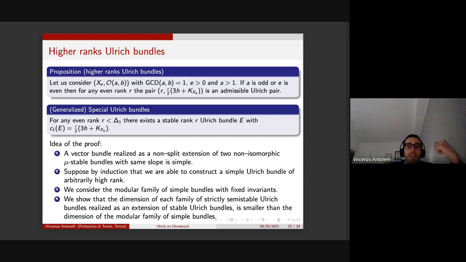So in particular, this gives us fewer ways in which the strictly semi-stable Ulrich bundle can decompose. Otherwise it can be a bit overwhelming, all the ways that the Ulrich bundle can decompose.